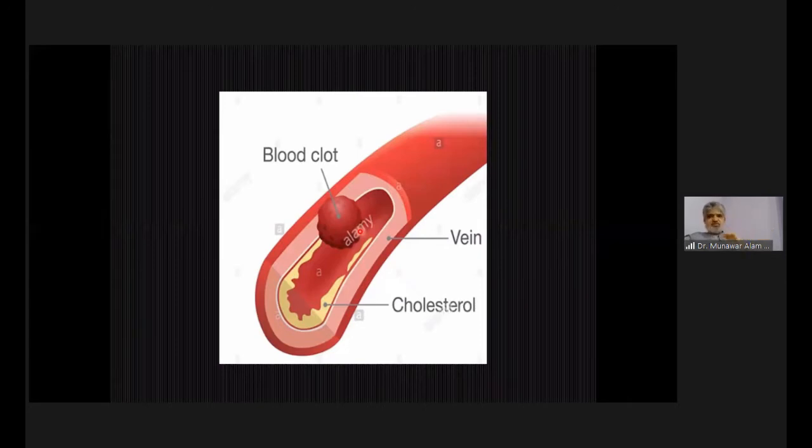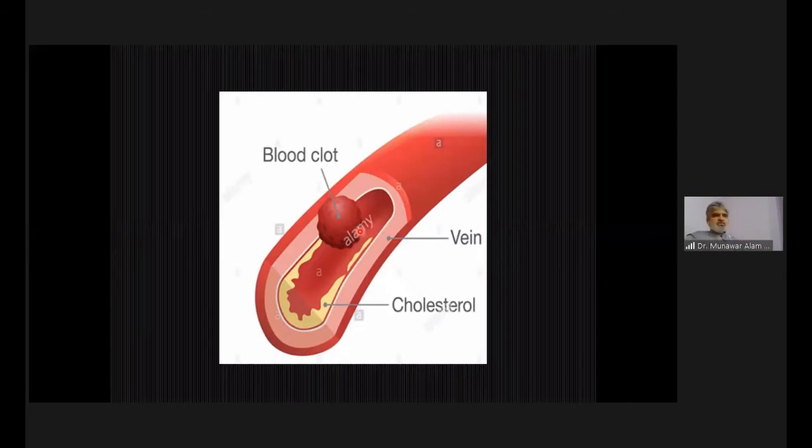We use the aspirin prophylactically to prevent the myocardial infarction, to prevent cardiac events and heart attack, because it inhibits the cyclooxygenase enzyme, decreases the availability of prostaglandins, so it prevents the clot formation by inhibition of the platelet aggregation. In this way, we can prevent the incidence of the myocardial infarction, and this is very commonly used.